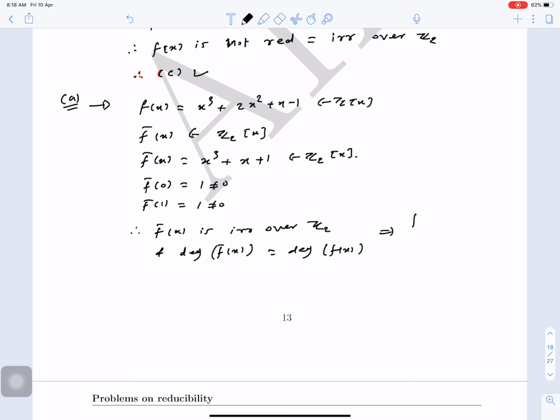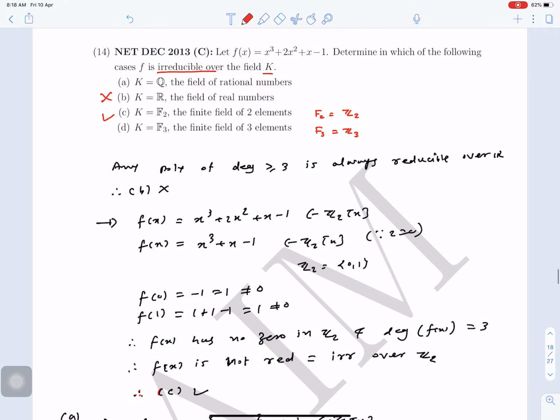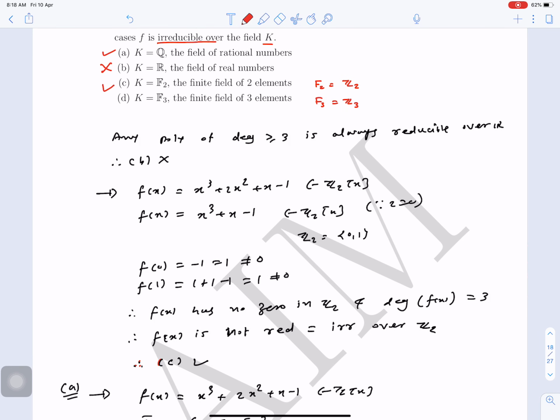So this implies f(x) is irreducible over Q. So therefore option A is correct.